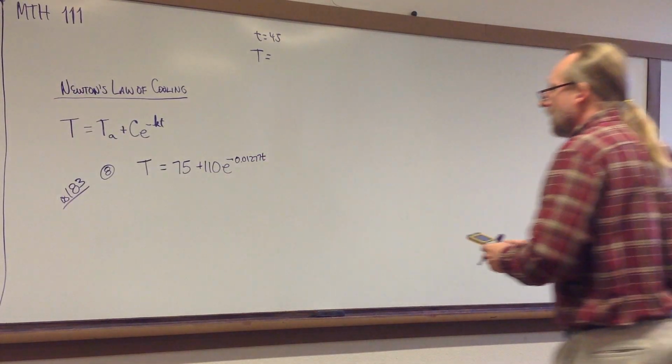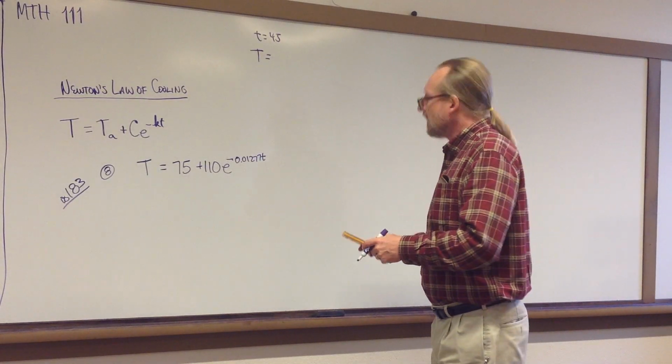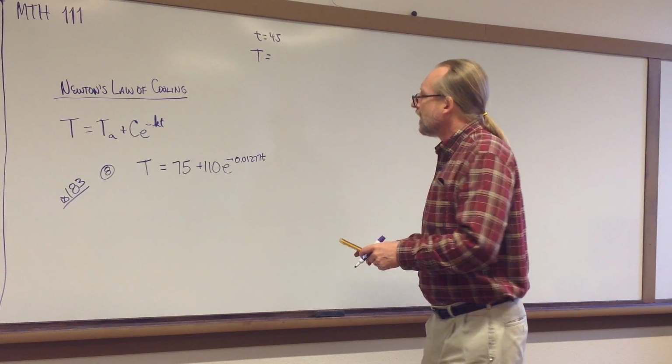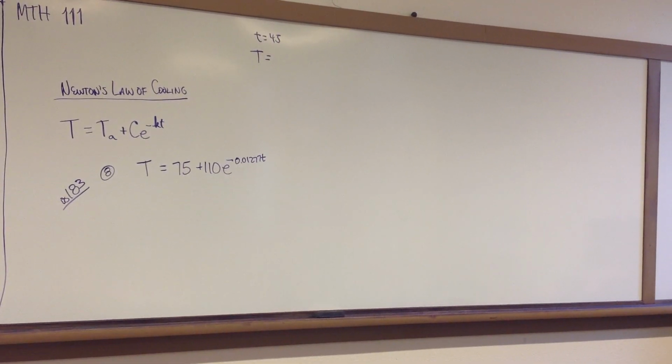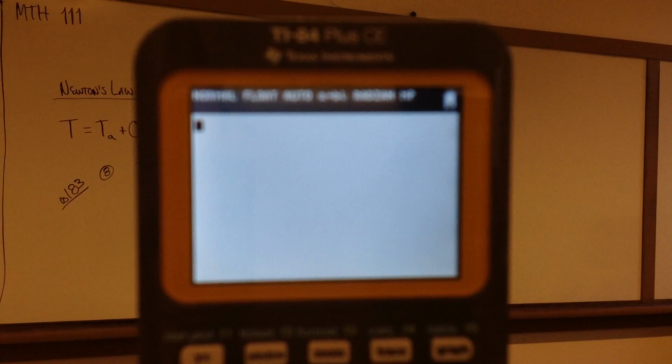I'm just going to calculate this directly on the calculator screen. I'll come around and show you as I'm doing it, and I'll write this on the board once I get done.